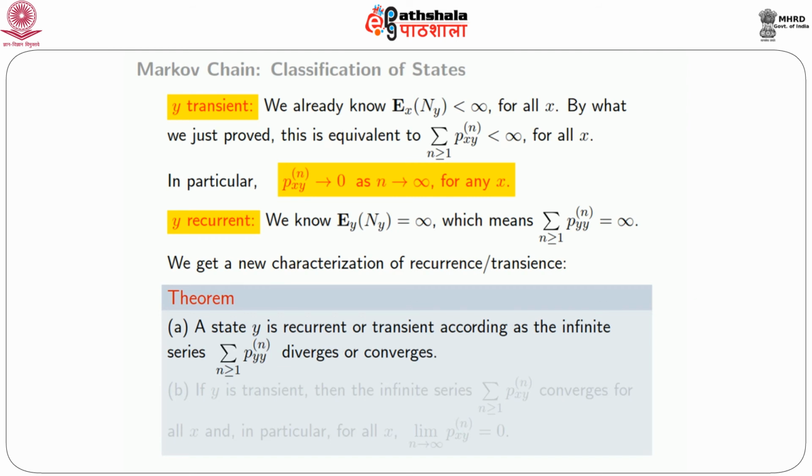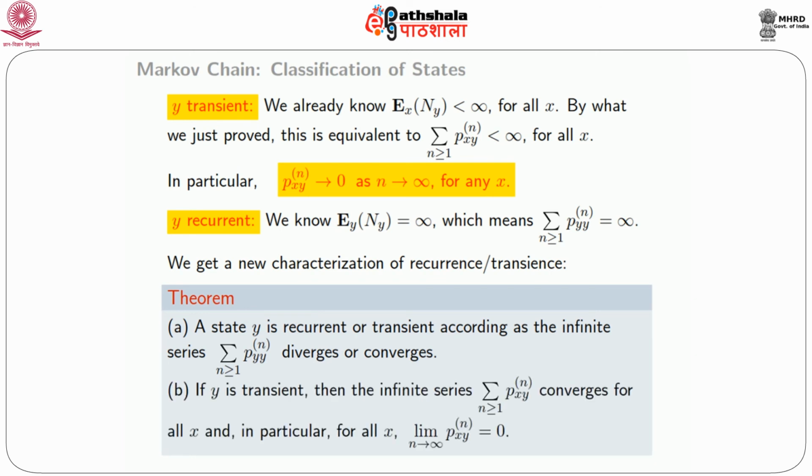If necessary, we may sometimes want to use this criterion to decide whether a particular state is recurrent or transient. The second part says that if y is transient, then of course from the first part we know that the series p_yy^(n) converges. But in fact something much more is true. For every x, the series p_xy^(n) also converges, and in particular the limit of p_xy^(n) is 0.